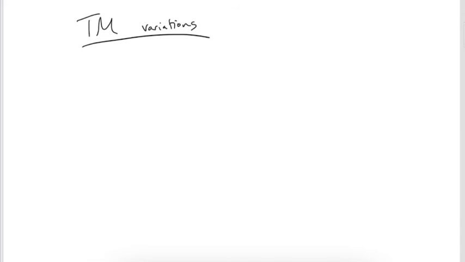So, a simple variation is what if we allow the Turing machine, in every step, the Turing machine can move to the right or to the left. In fact, in every step, the head must move to the right or to the left. What if we wanted to make our Turing machine a little fancier, give it another feature?